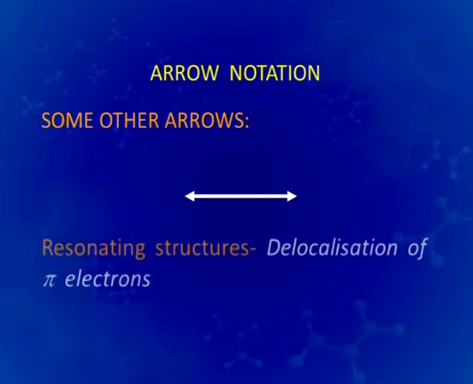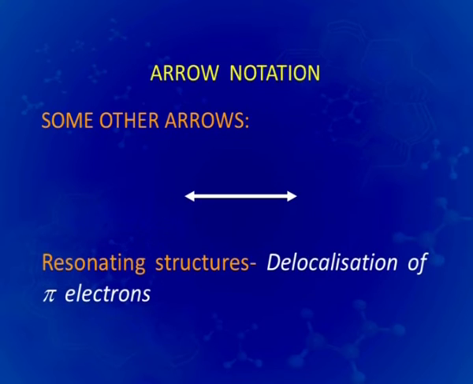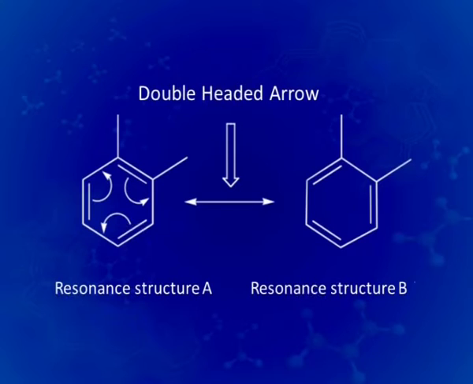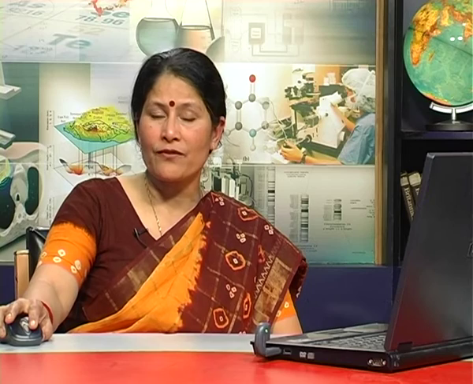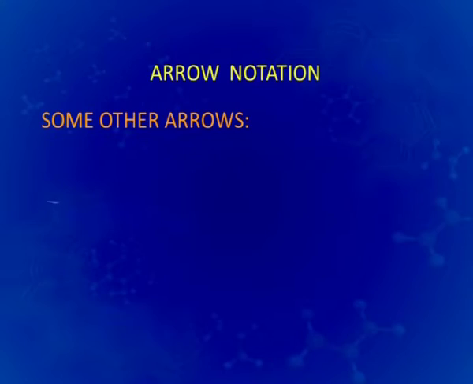Resonance is the delocalization of pi electrons, as you must have seen in the case of benzene and many other conjugated alkenes or unsaturated compounds which are stabilized due to the presence of resonance. While explaining the stability of a number of molecules, we will come across this a number of times.